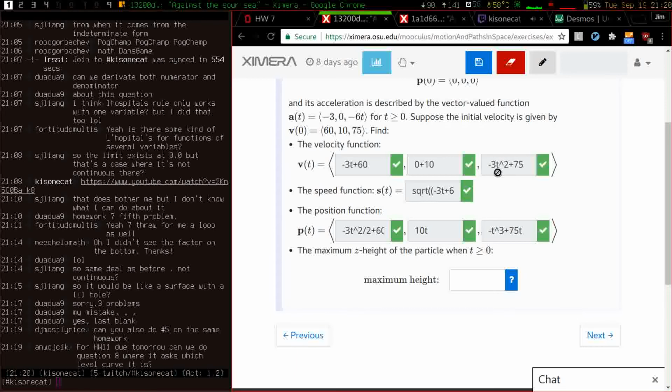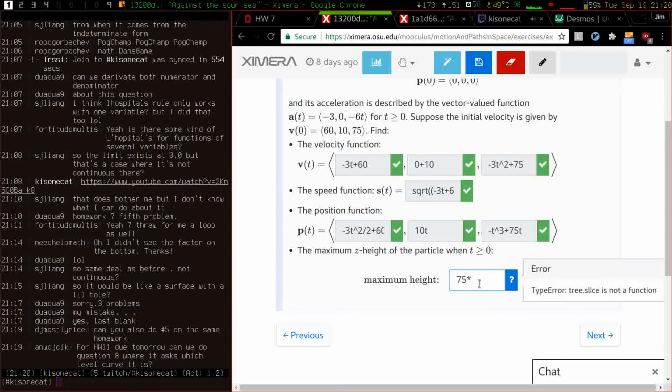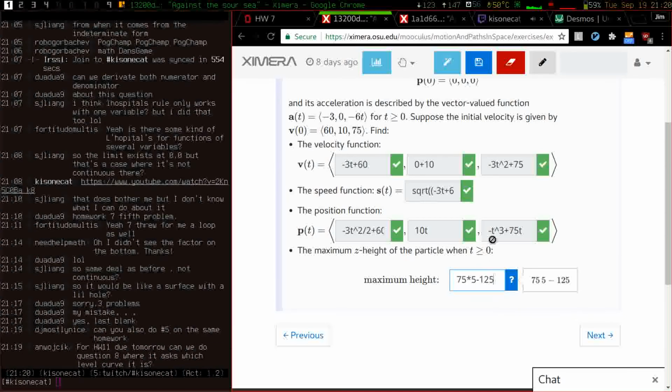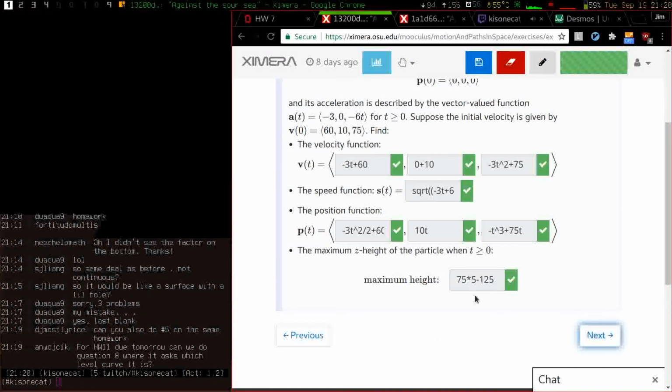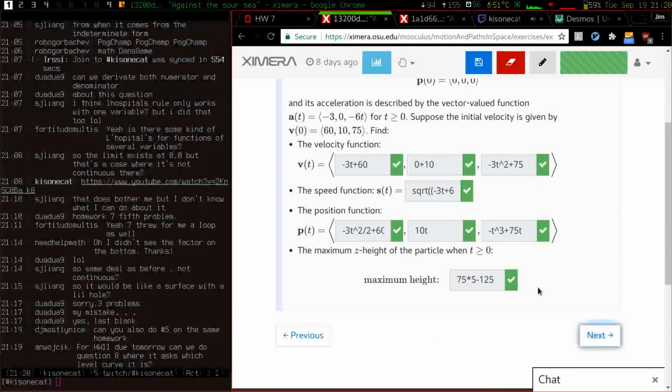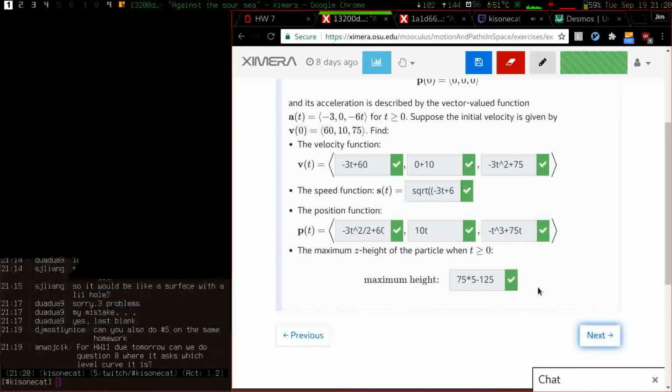That's when t equals 5, because minus 3 times 5 squared plus 75 is equal to 0. So its maximum height must be when t is equal to 5, and that'll be 75 times 5 minus 5 cubed, which is 125. Hopefully that helps with this problem.